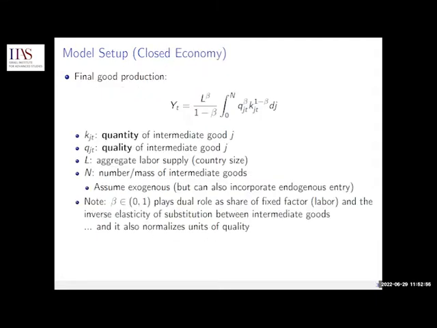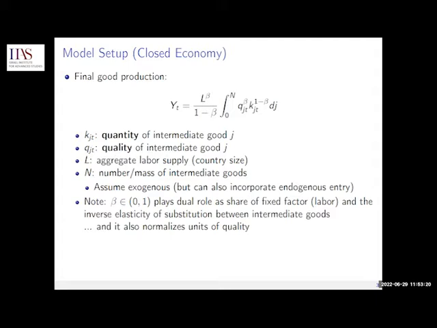Okay, so here's a way of formalizing this. It's a way that makes the model, even with growth, tractable. So think about the following setting. All the producers here are producing intermediate goods, and the intermediate goods produce a final good.